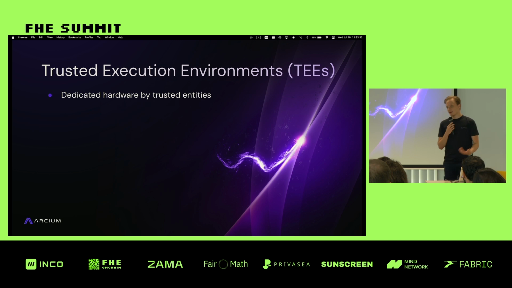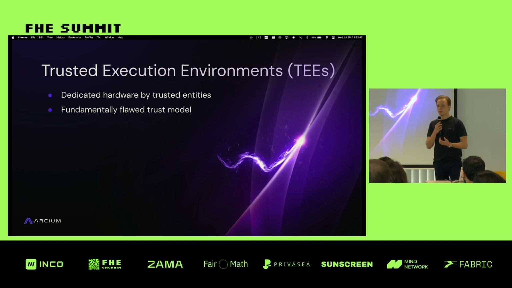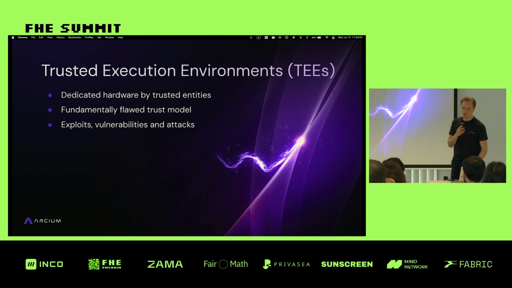So this, in our opinion, is legacy technology, I would say, because it's dedicated hardware chips provided by trusted entities, which have some place in the systems that we are building, but solely relying on these kinds of technologies is really problematic due to a fundamentally flawed trust model, because there's just trust in supply chains, in many different attack vectors, and so it's really just ignoring a myriad of exploits, vulnerabilities, and attacks we've seen over the last years.